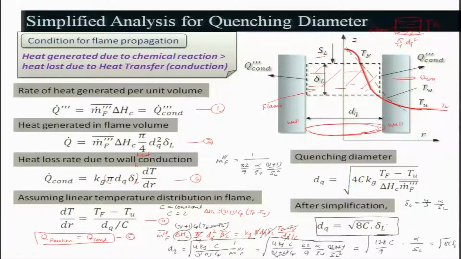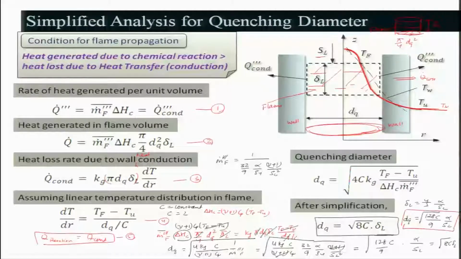And the other thing you can see, there is another formula that we have just seen, that is dq is equal to root over 128 C by 9 alpha by SL.